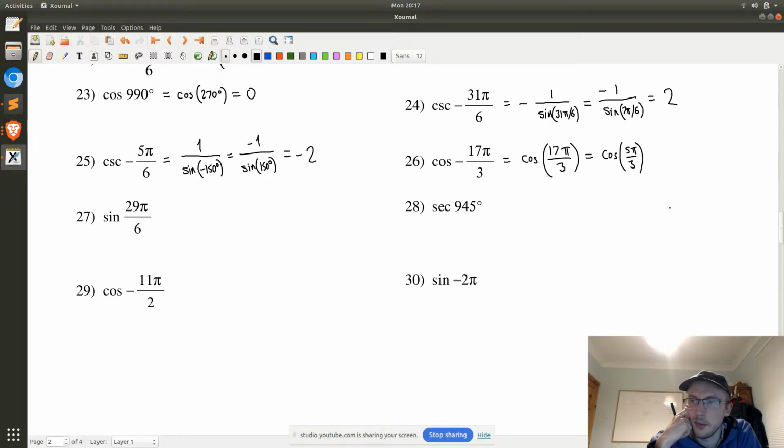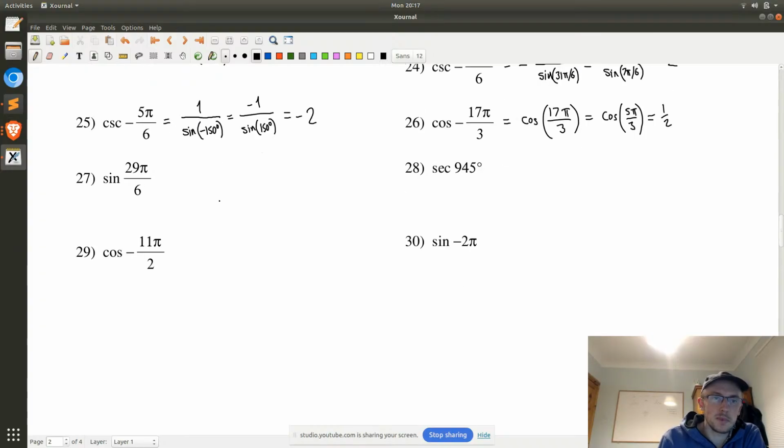Well, it's the cosine of 300 degrees, which is the cosine of 30 degrees, which is no, that's not right. I mean, it's a half. I know it's a half. I can just see it.